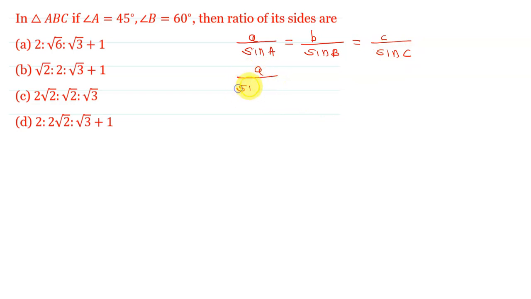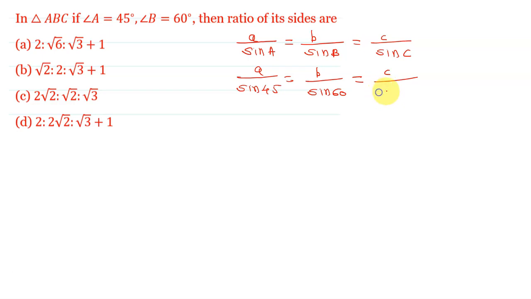Sine of 45 is equal to b upon sine B, which means sine of 60. And c upon sine, the angle C is 180 minus 105.